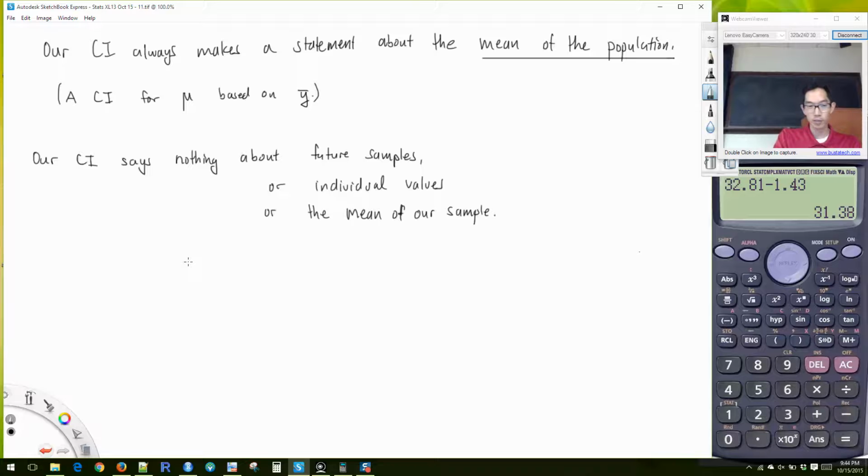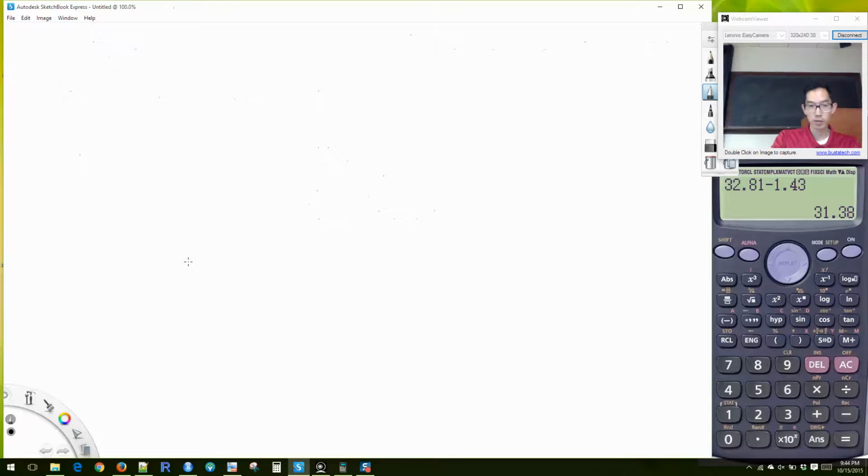So let's go back. We talked about the statement you can make. Let's say our confidence interval ends up being, okay, let's do it for the heights of men, and we'll say 70 plus or minus 1.5 inches.